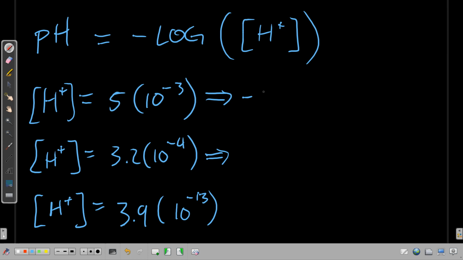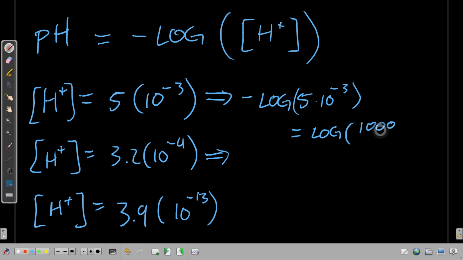Yes, it's minus log of 5 times 10 to the minus 3, but if I want to bring that negative up into the exponent, then it would be 1,000 over 5, not 5,000.